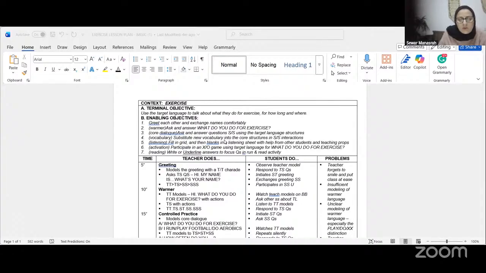How long and where, right? They'll be able to do that forever. So if this was an ESL class, you're talking to them about what do you do for exercise? I run. How long do you run? For about an hour. Where do you run?